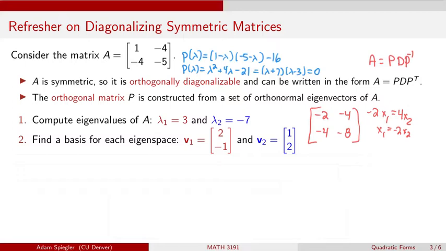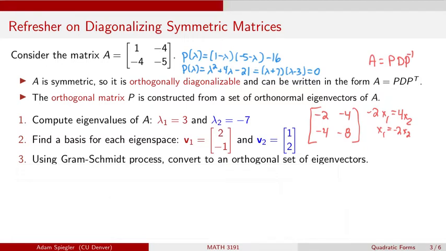In this case, we don't need to do anything. That might involve using the Gram-Schmidt process to generate a set of orthogonal vectors. But because our two eigenvalues are distinct here, the corresponding eigenvectors are already orthogonal to each other.